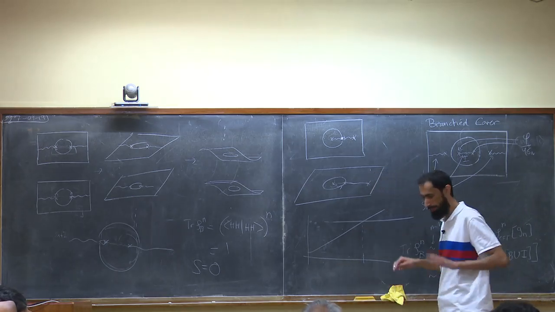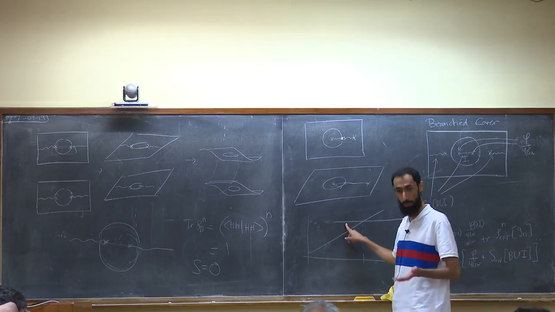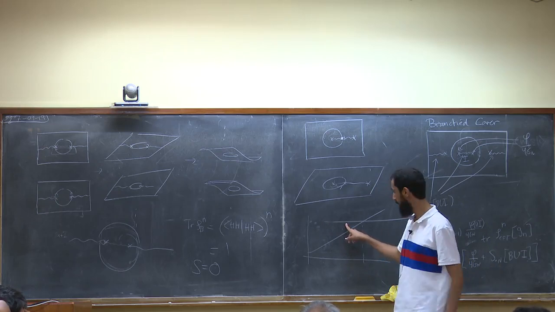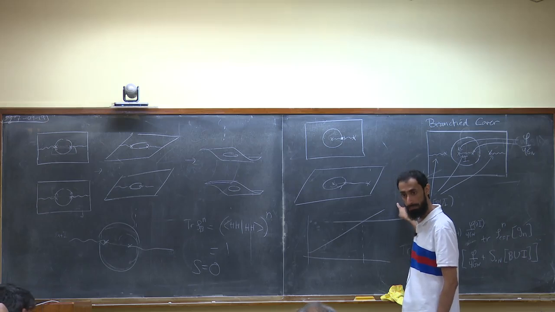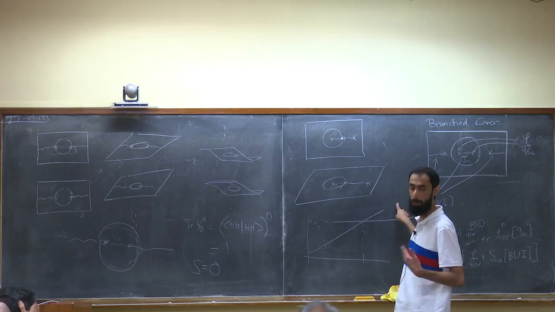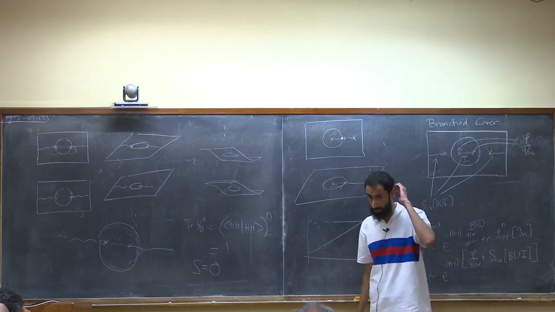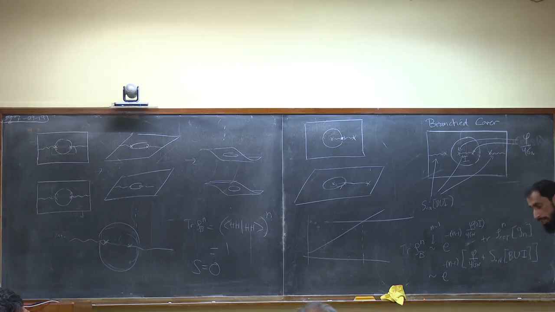The value of the Bekenstein-Hawking entropy here has two factors of S naught, one from each horizon. But this thing grows linearly in time for all time, so at some point the entropy will be larger than that. But do you see the crossover exactly dependent on S naught?